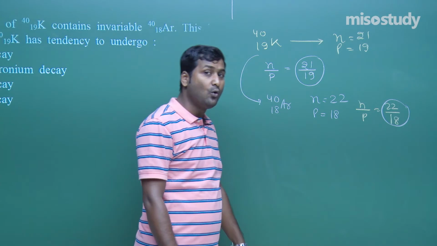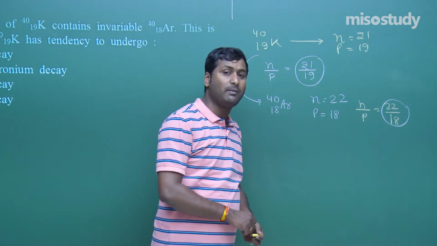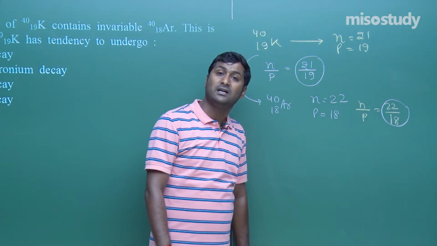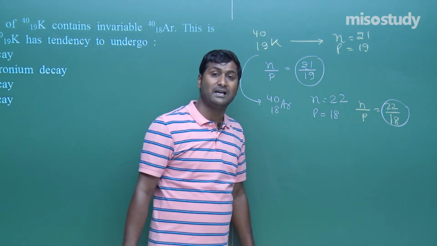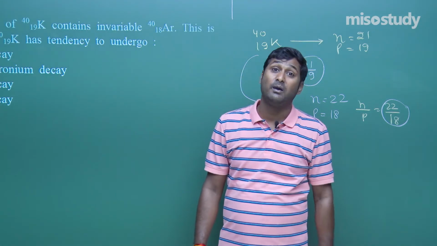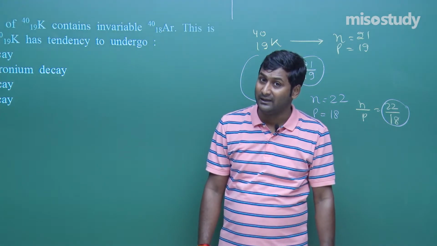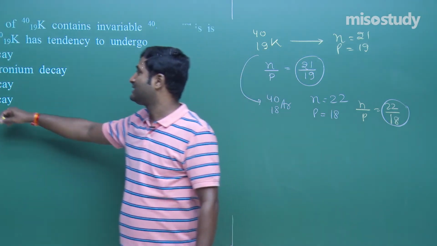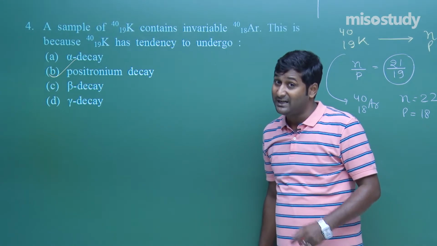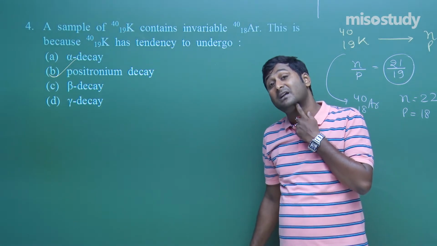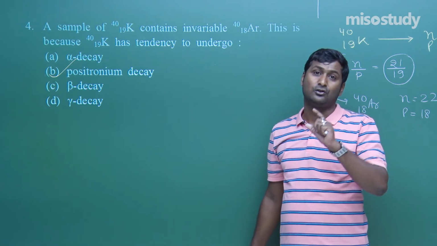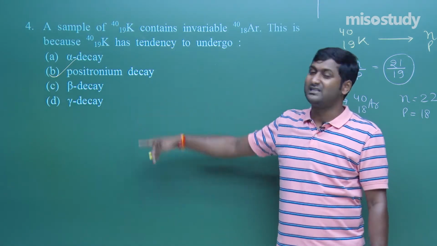We know that if the N by P ratio is going to increase, then, as I discussed in my lecture about the cause of radioactivity, positron emission takes place. That is, positron decay takes place. Clear? In beta decay, if the N by P ratio is higher and we have to reduce it to a stable limit, then beta decay takes place.